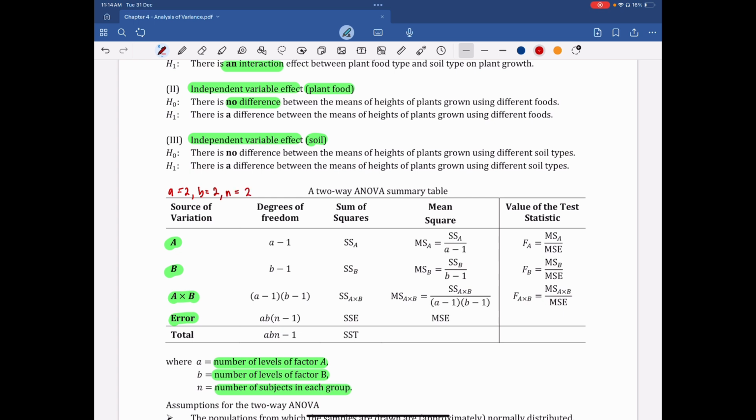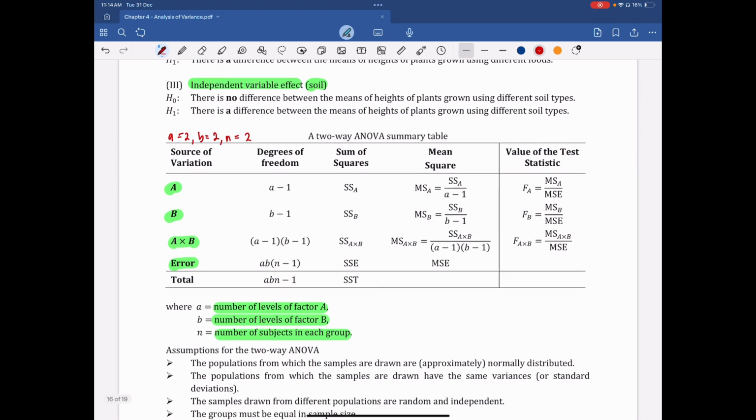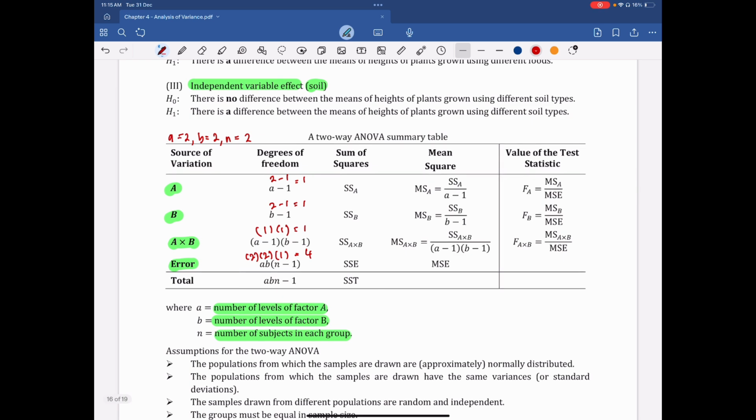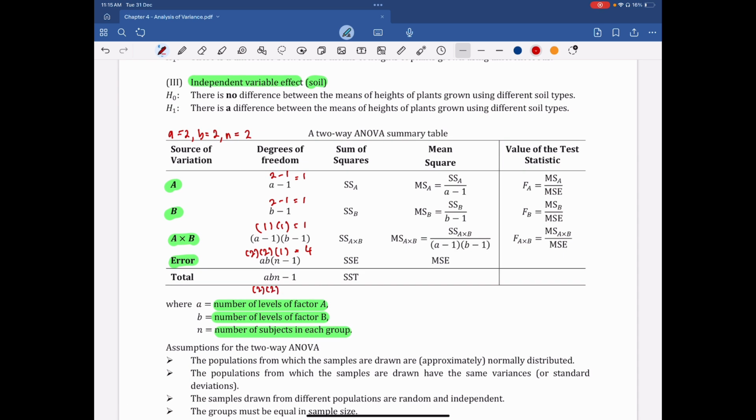And then you just transfer the formula into this summary table. 2 minus 1 equals 1, 2 minus 1 equals 1, 1 times 1 equals 1, 2 times 2 times 1 equals 4, and then 2 times 2 times 2 minus 1 equals 7.